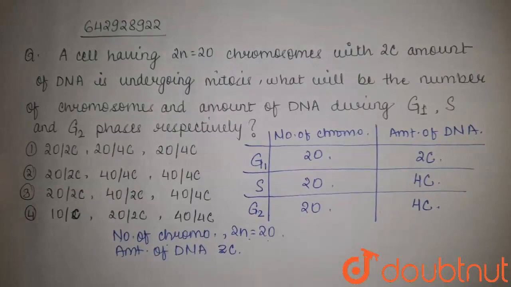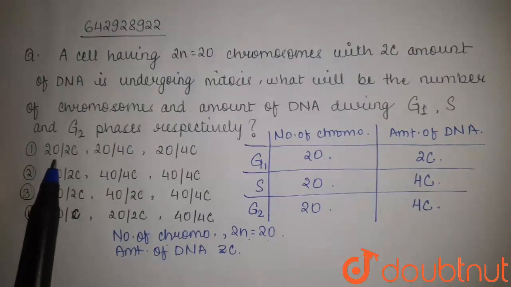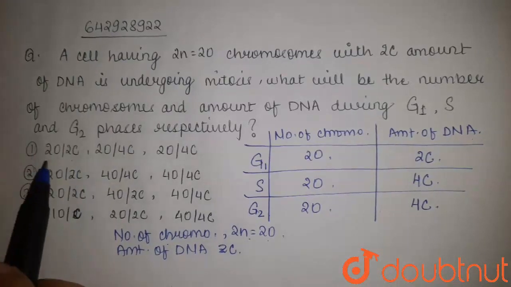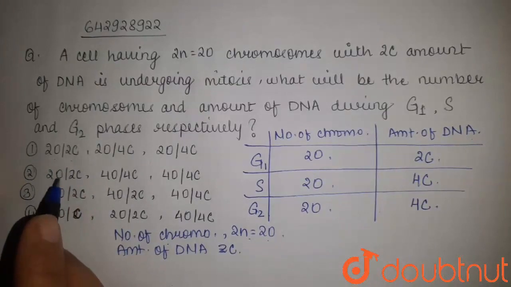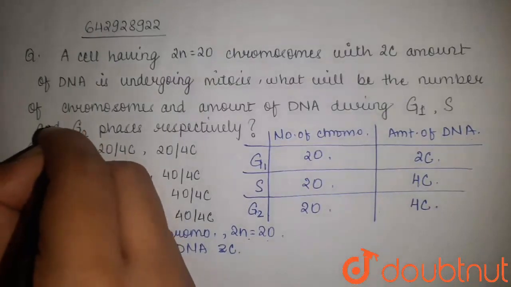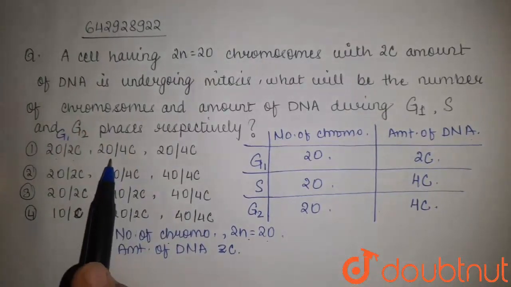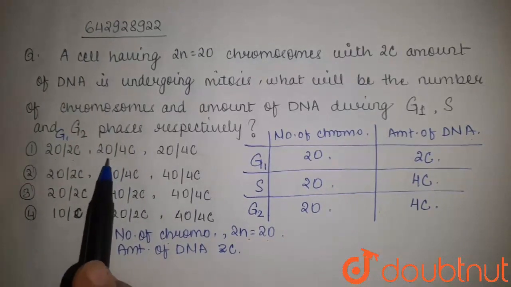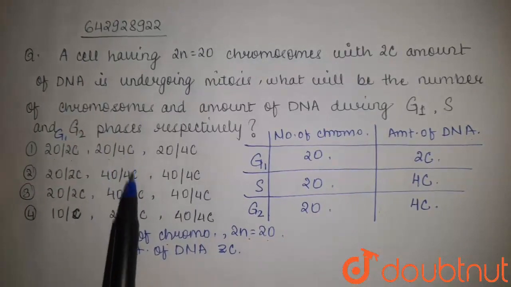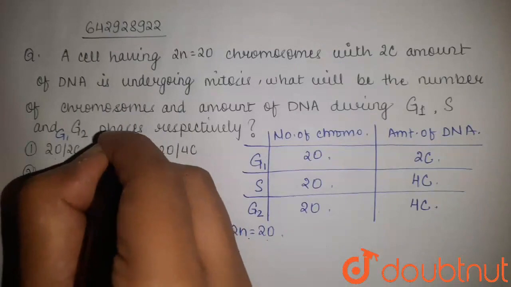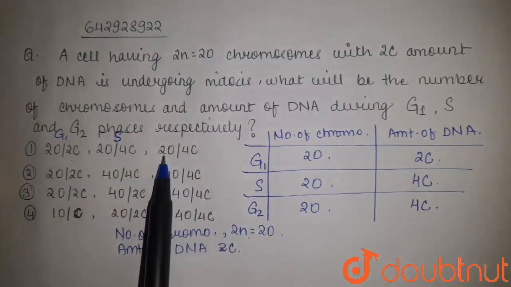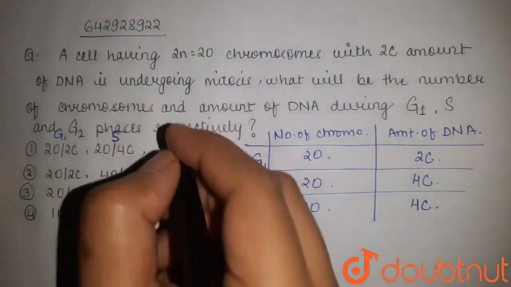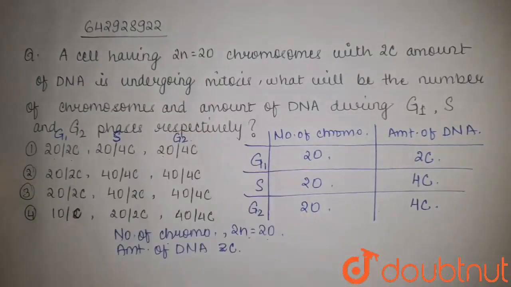Now in the options given, we are having 20 and 2c, which represents the number of chromosomes and amount of DNA for the G1 phase. This one represents the number of chromosomes and amount of DNA for S phase, and here it represents the number of chromosomes and amount of DNA for G2 phase.